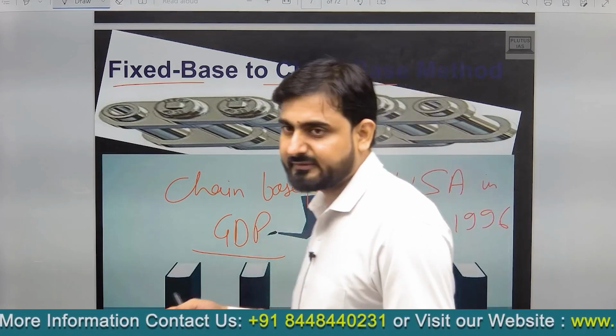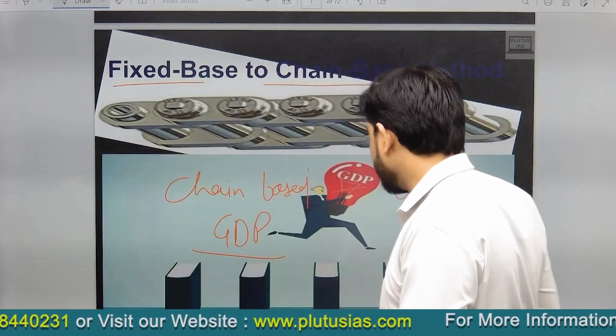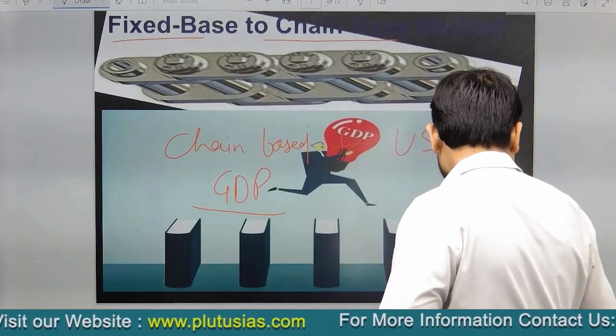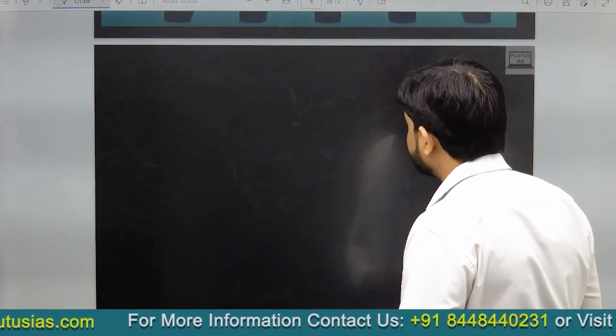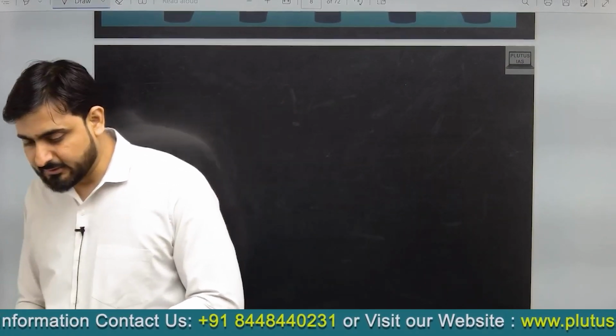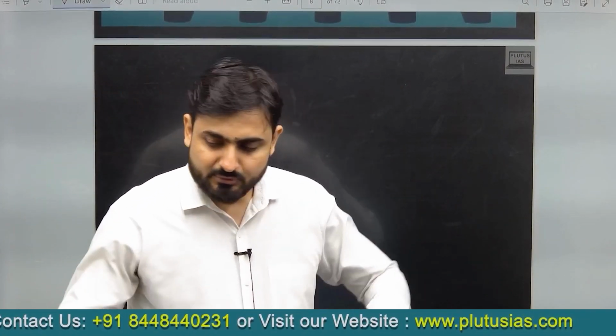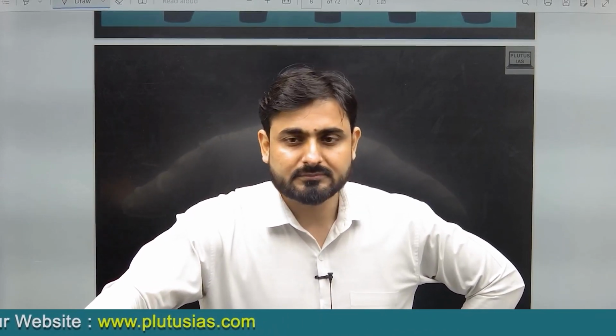Several economies across the globe have already shifted. Government of India is also planning to shift from fixed base to chain based. Now understand why it is better, and why Government of India has been unable to move so far, because it is very complex, typical in nature. It is good to have an international standard parameter for comparison.